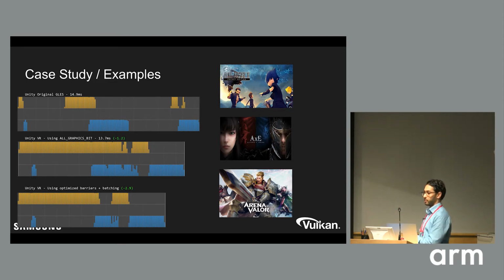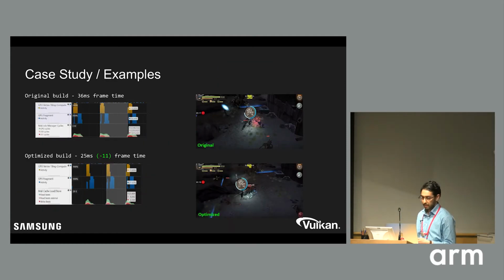Porting that to Vulkan with all graphics bits, that's the stage masks and the pipeline barriers, was faster than OpenGL ES, but still not as good. Then optimizing and batching reduced frame time even more. And that's Final Fantasy 15, Pocket Edition. As I explained, we traveled to Okinawa to support Square Enix and Summertime Studio, optimizing their game to reduce frame time as much as possible.